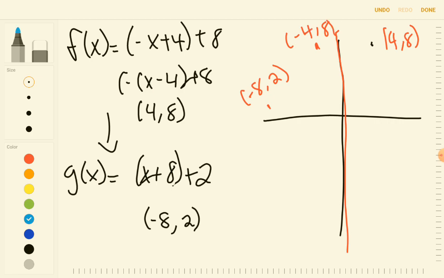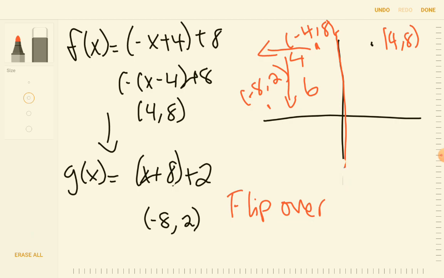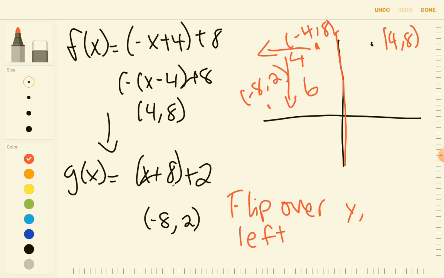And for this transformation, we would just go left 4 and down 6. So flip over y, left 4 and down 6.